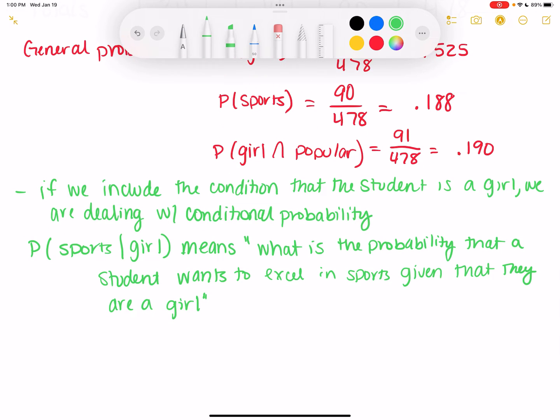So this is the probability of sports given that they are a girl.